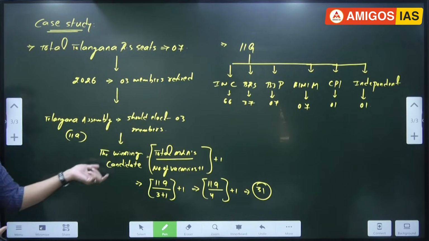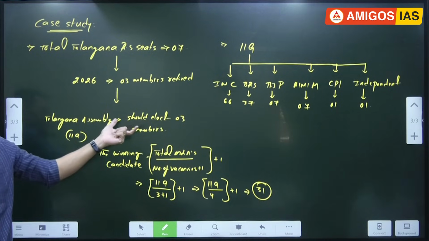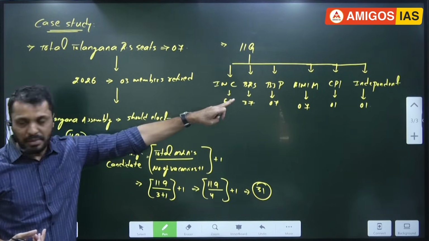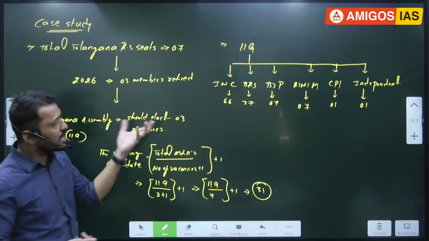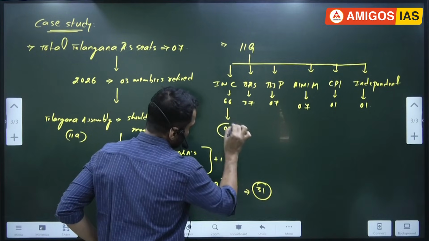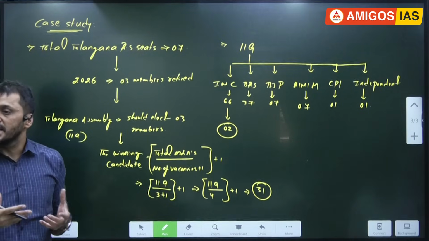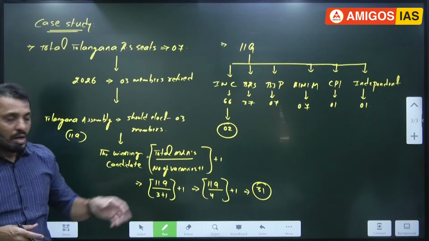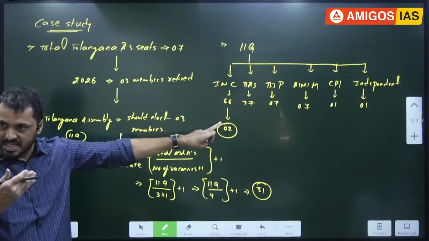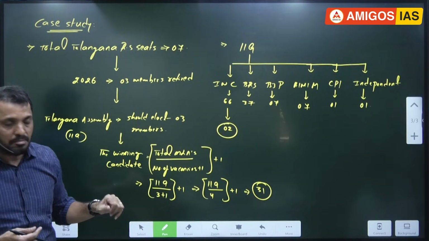Now listen. For one Rajya Sabha MP, how many MLA supports are required? 31 MLA support. So here, based on party strength, how many MPs does Congress get easily? 2 Rajya Sabha MPs, because 31 MLAs are enough. For 2 seats, how many do you require? 62. They already have how much strength? 66. So with their strength, they can elect 2 Rajya Sabha MPs.